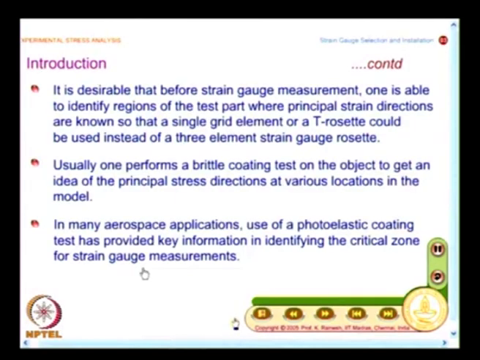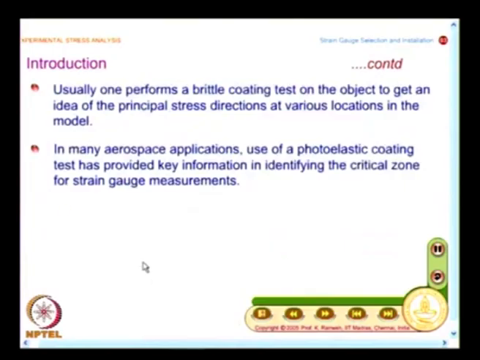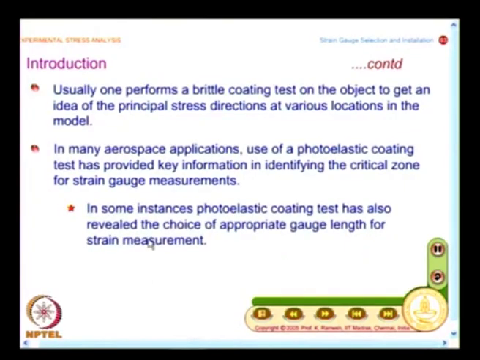Other aspect is, when you are looking at the fringe patterns, the fringe patterns also give an indication of the gradient. If the fringes are very dense, then you have a very sharp variation of strain values. So, you can also make some assessment on the choice of appropriate gauge length for strain measurement.